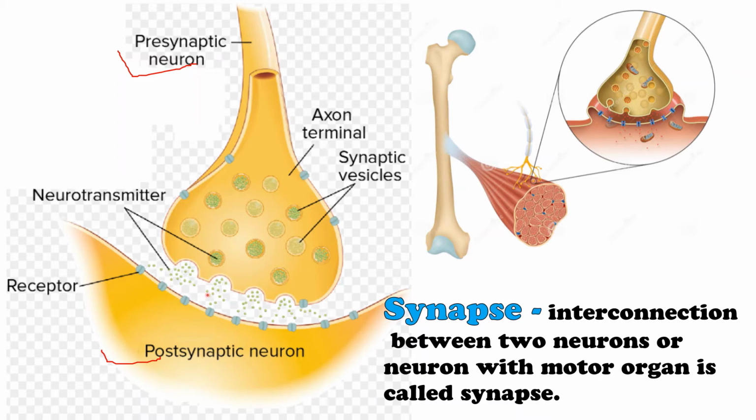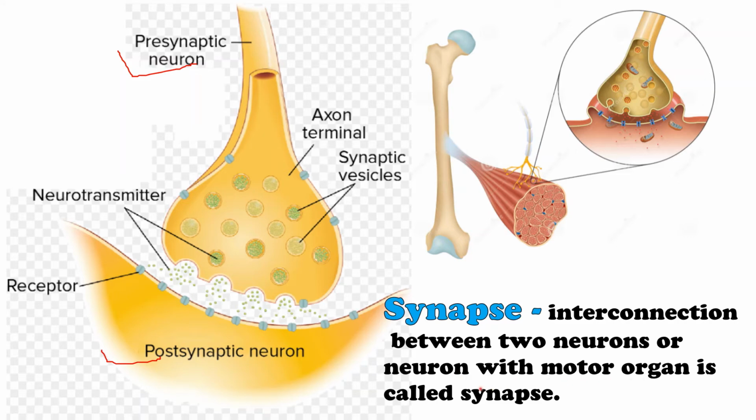Now look at this picture. Here we can see the axon is connected to muscle, which is an effector organ. So this is a gap between axon and muscle and it is also a synapse. So we can define synapse as a joint between two neurons or a joint between a nerve and an effector organ.